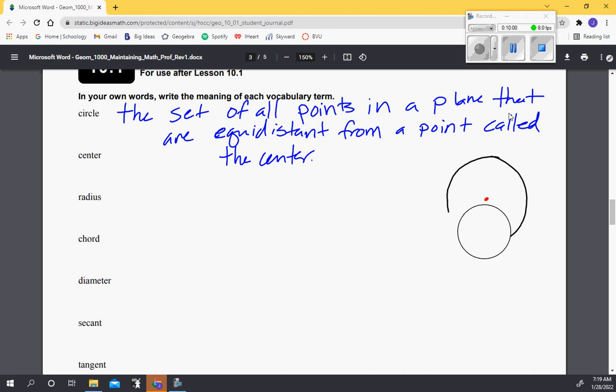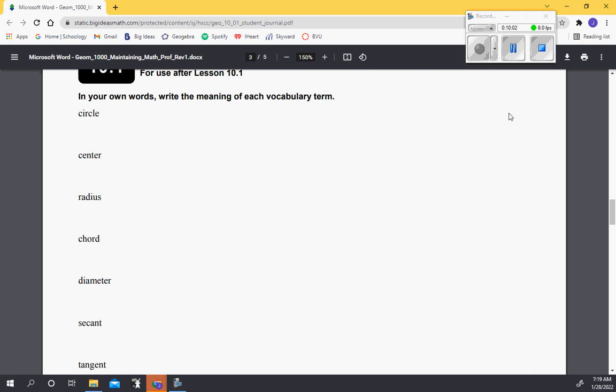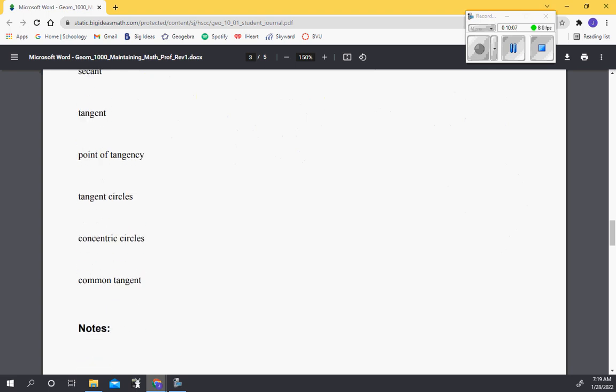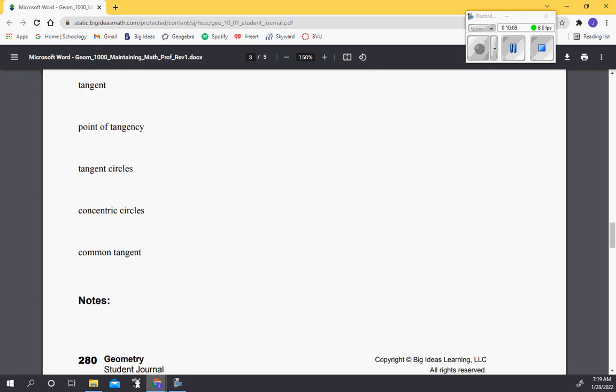We went through the next 5 definitions: center, radius, chord, diameter, secant, tangent. The point of tangency we did not talk about. I'll give another example of tangent here. Here's a circle, a tangent, oh, that's bad. We'll move that. Goes right by my circle and it touches it at exactly 1 point.